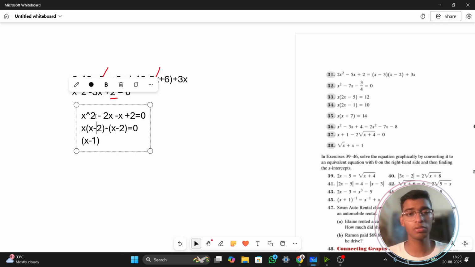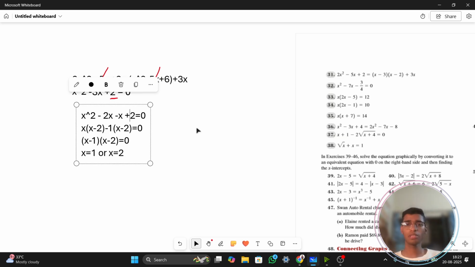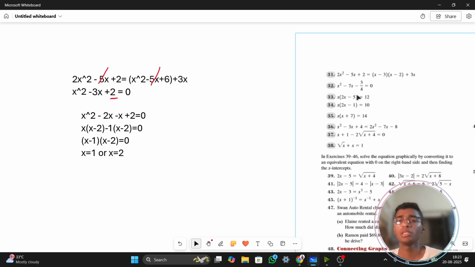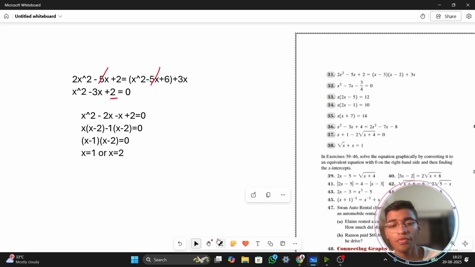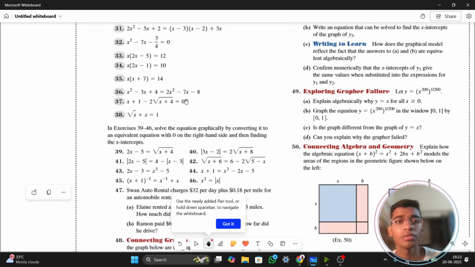One thing to tell you, the minus is actually minus 1 here. So x minus 1 into x minus 2 equals 0. Your x would be 1 or x equals 2. So this is the answer. These are all easy quadratic problems which you need to solve and get your answers.